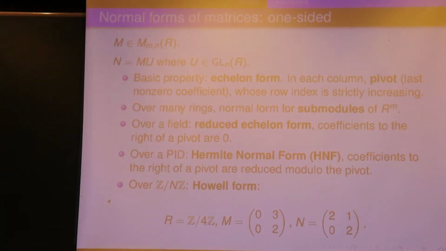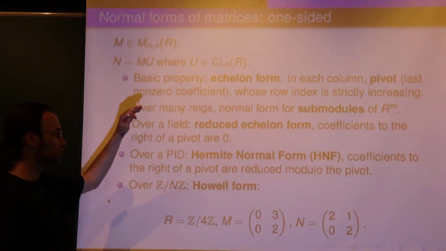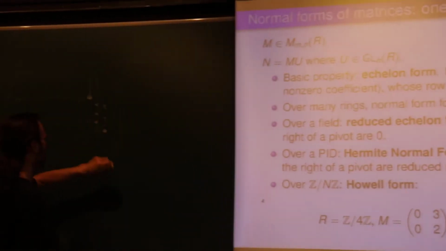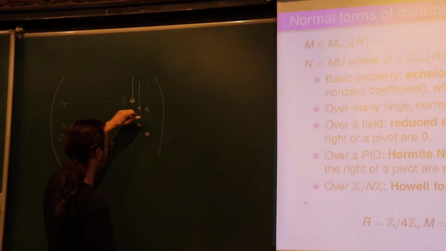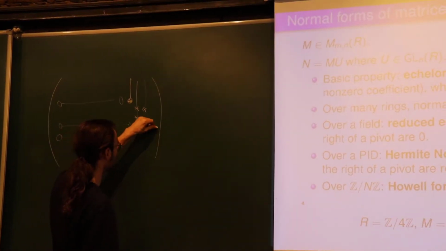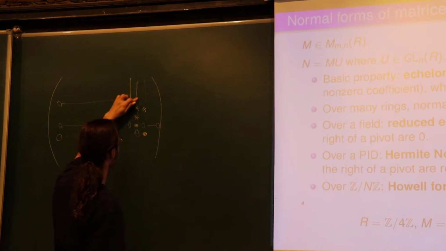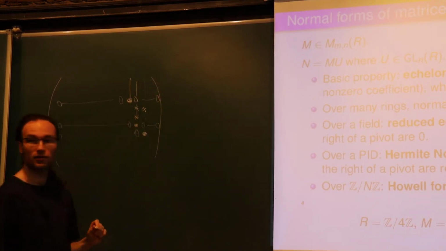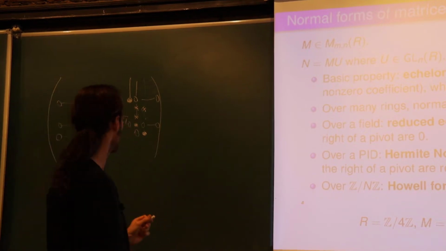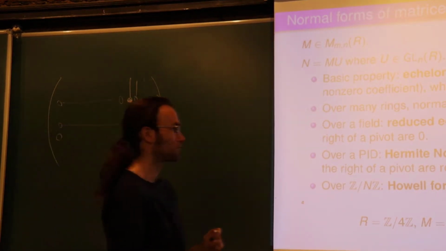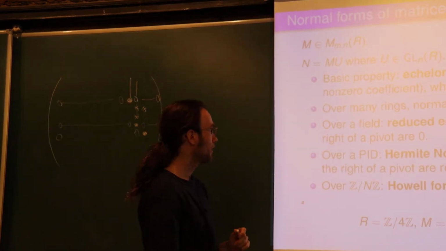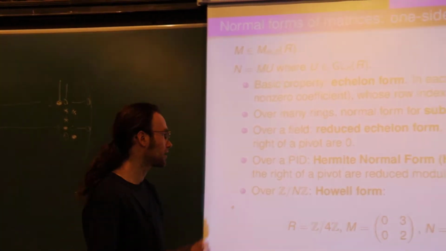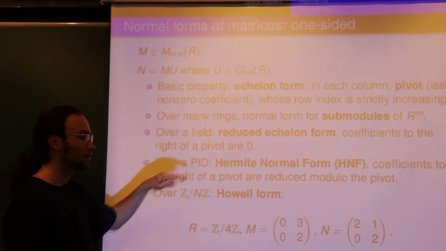A few examples: over a field, you can use the reduced echelon form, meaning you ask all the coefficients to the right of a pivot to be 0. So here you would have zeros here. That's the reduced echelon form that you can define over a field. Over a principal ideal domain, you can use the Hermite normal form. This is very similar.